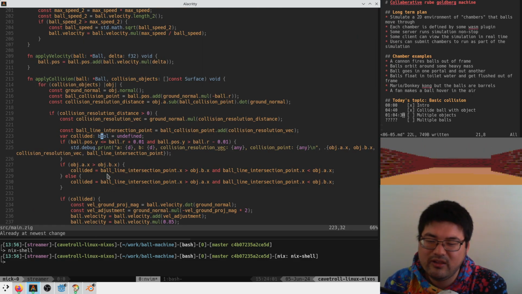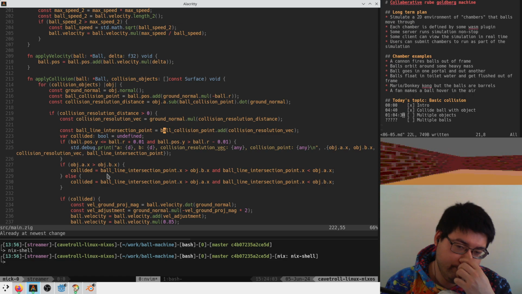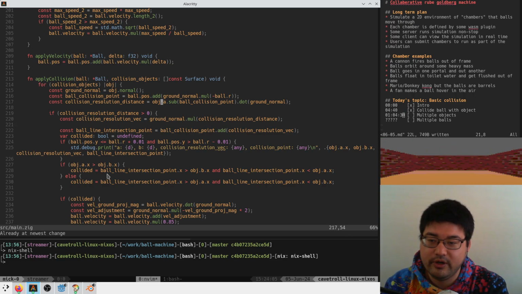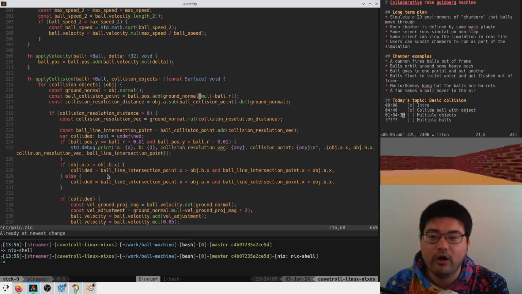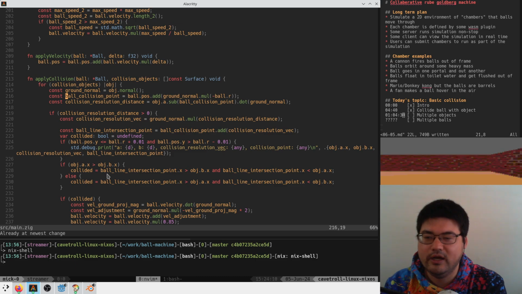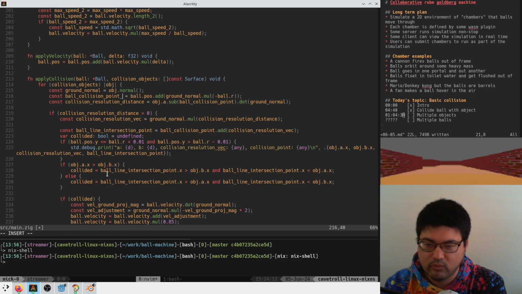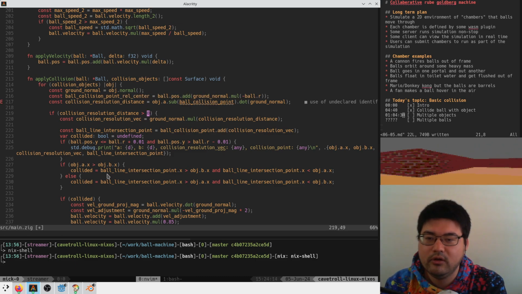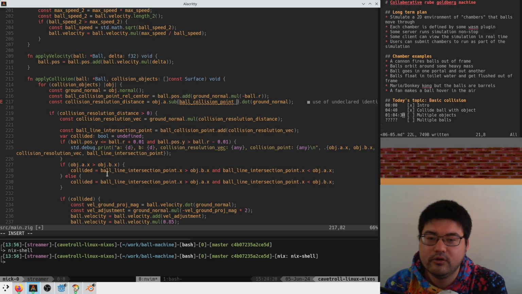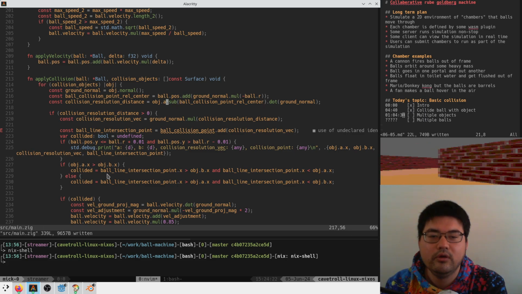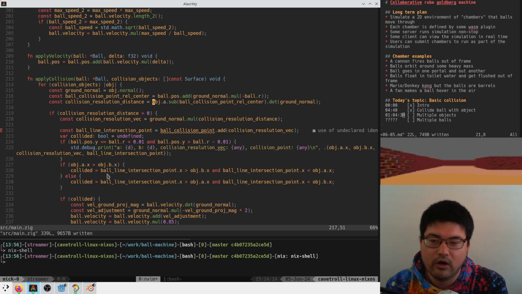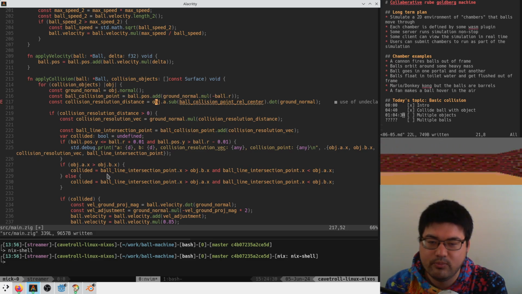So the ball line intersection point, ball collision point is the ball pause. Oh, this is ball collision point rel center. Okay. So here we are. Oh no, this is just the absolute ball collision point.